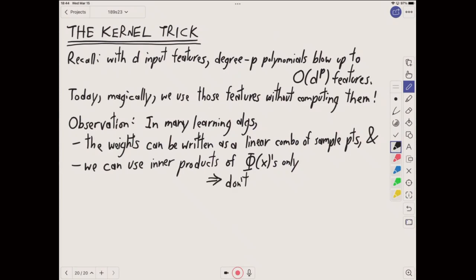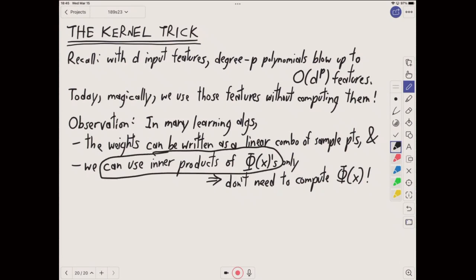So again, the key is that I don't need to compute the lifted vector phi of x, because I don't want to compute a feature vector that's 100 million components long. But we will have a way to compute these inner products of those very long feature vectors in a very short amount of time.